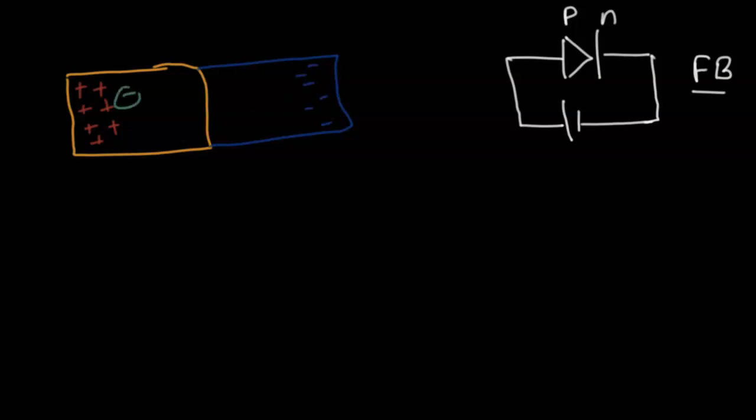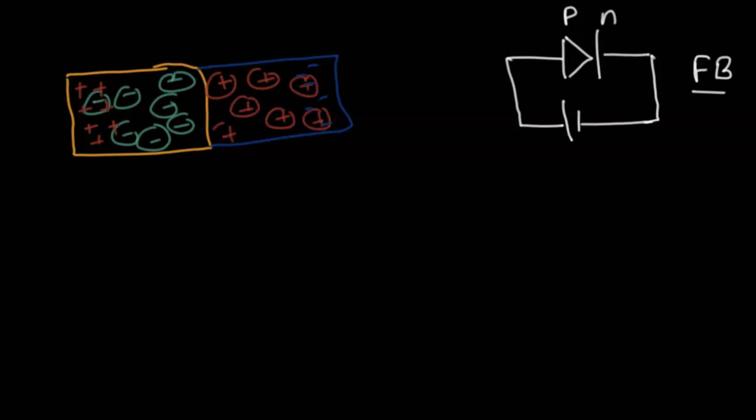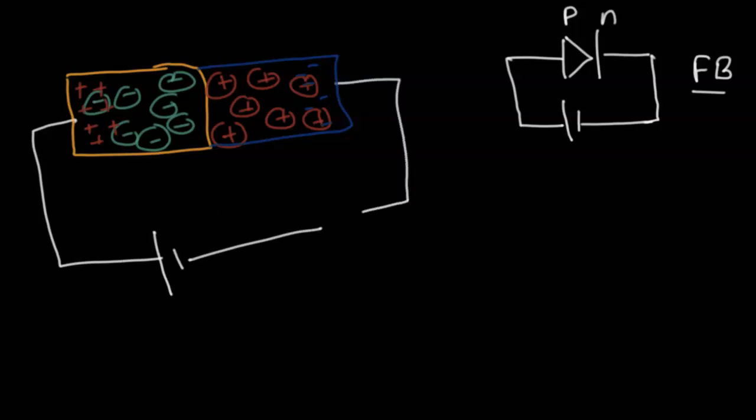We have my acceptor ions spread out everywhere, and my donor ions present in my n-type there. Let's connect it externally to the voltage source. So the anode is connected to the positive side of the voltage source, and the cathode is connected to the negative side of the voltage source.